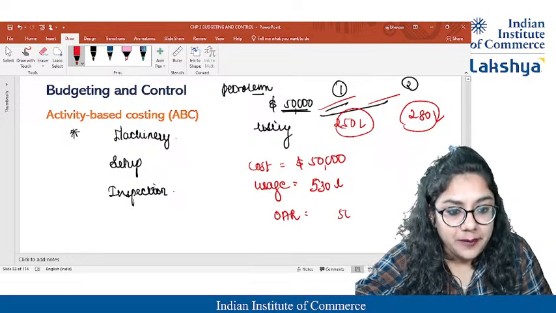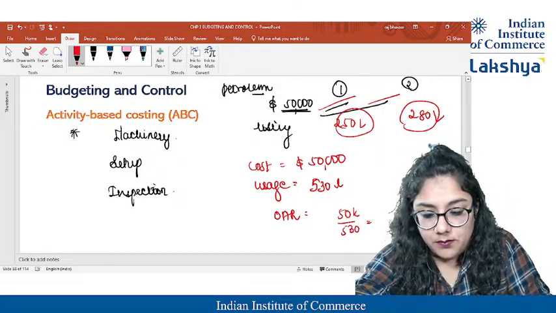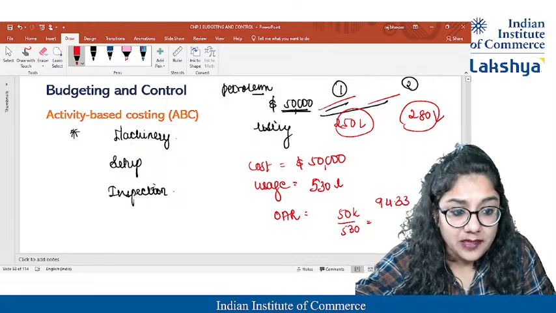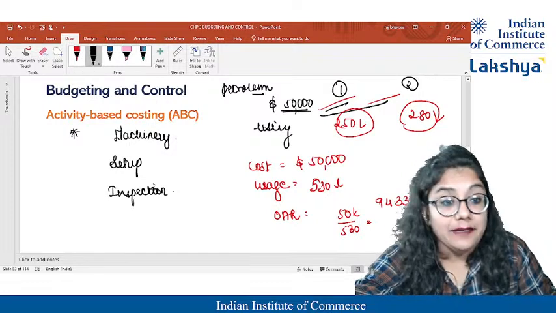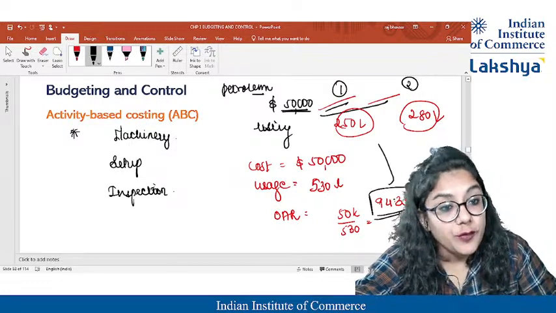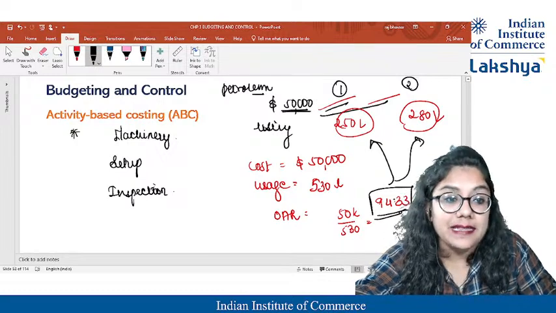We can do 50K divided by 530. Am I getting something around 94.33? Yes, it's 94.33. So now this 94.33 needs to be multiplied with this and this.